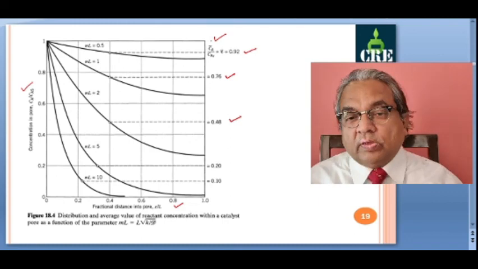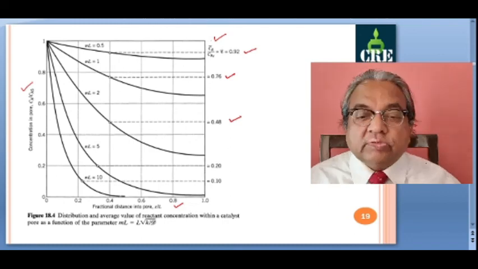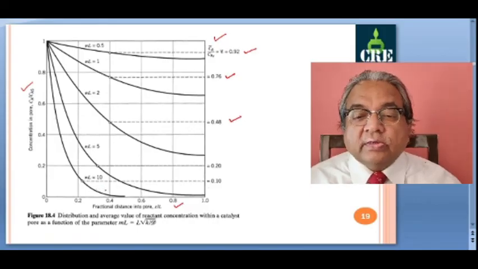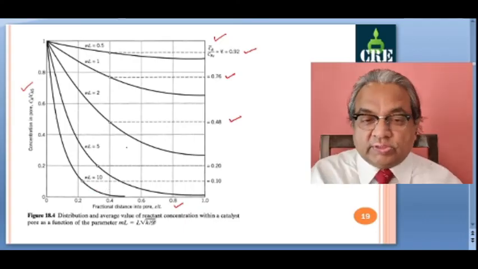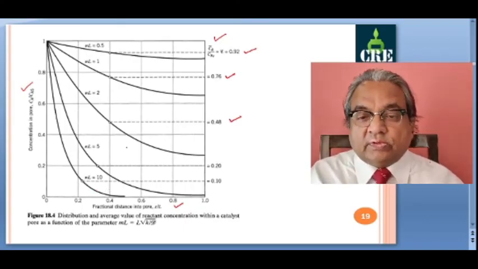And as you increase these values further, it is simply 1 by mL. So if you take mL equal to 100, the efficiency will be 0.01, just 1%.